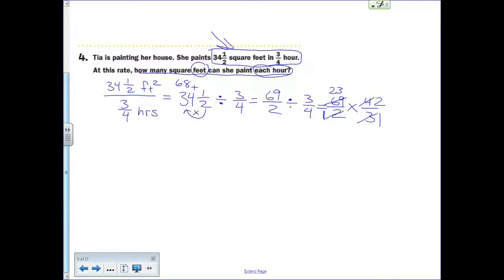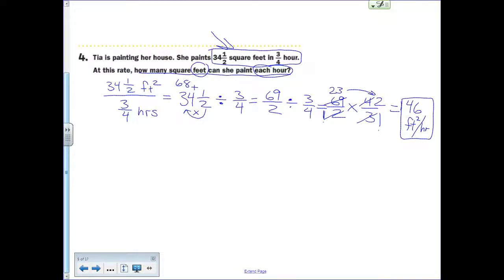Because I have 1s on the bottom here, then all I have to do is multiply straight across the top, and I will get a whole number answer. 23 times 2 is 46. And since it would be 46 over 1, I can just leave it as 46. And it's 46 feet squared per hour. 46 square feet per hour.